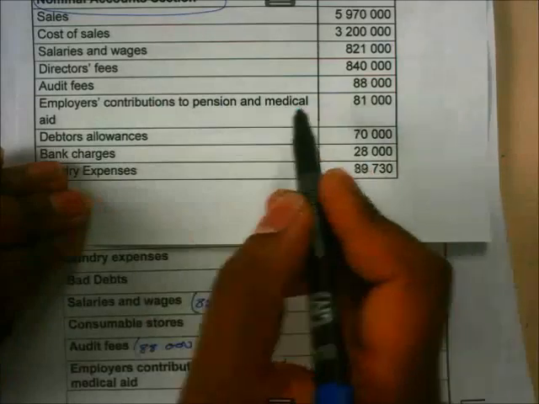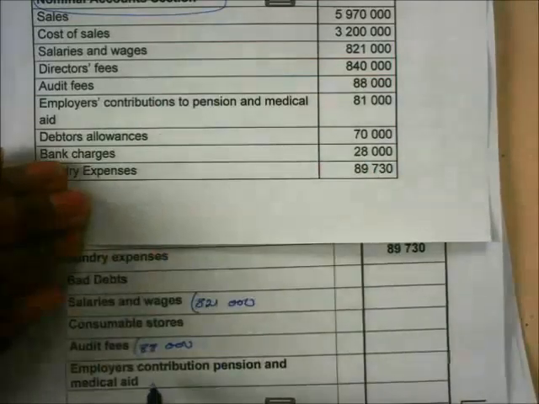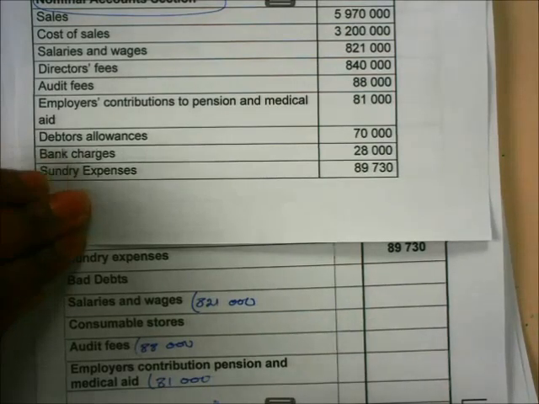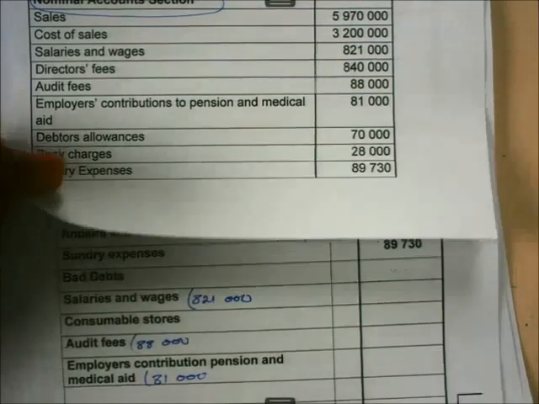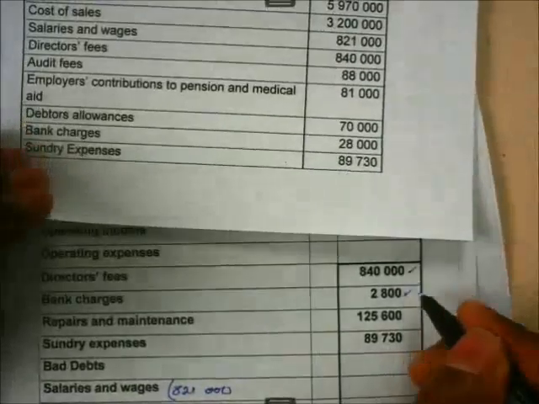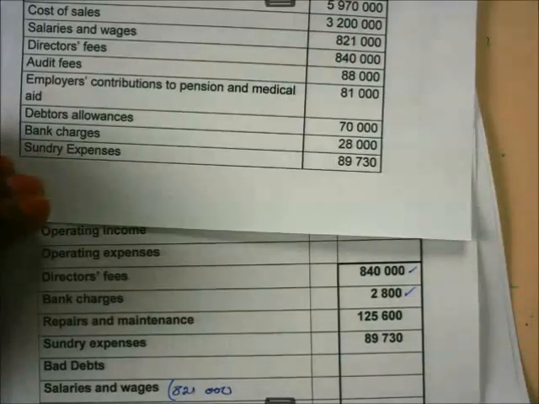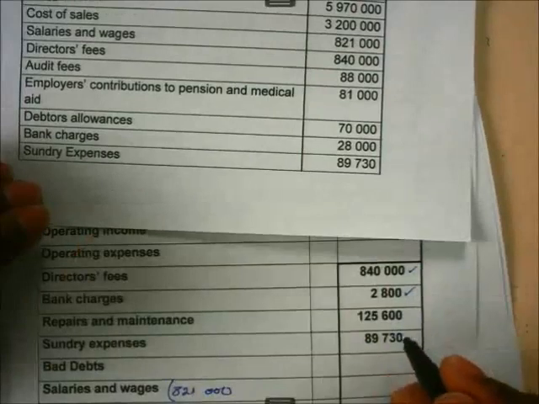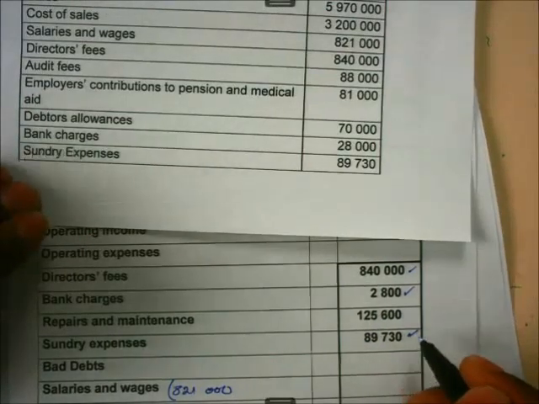Employer's contribution to pension and medical. Open brackets, 81,000. Bank charges already done for me. I do not need to worry about that. Sundry expenses already done for me. I don't need to worry about that.